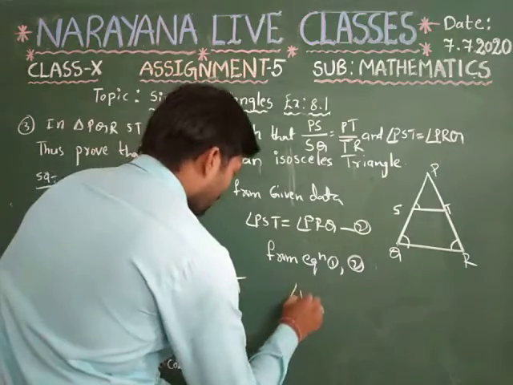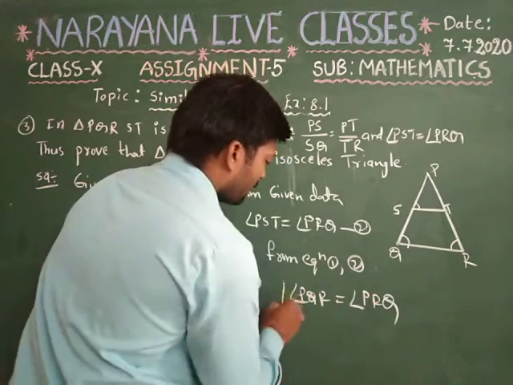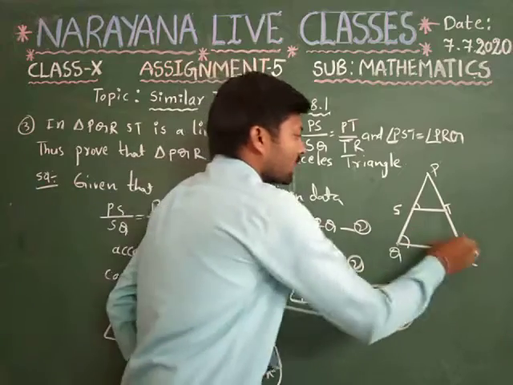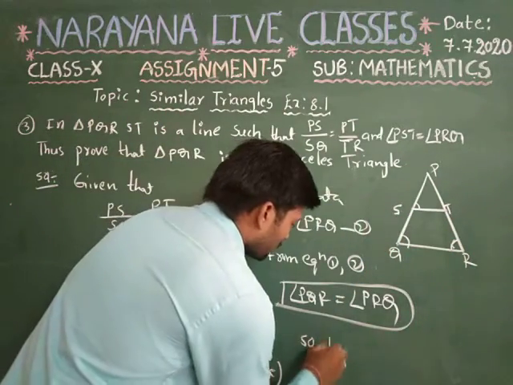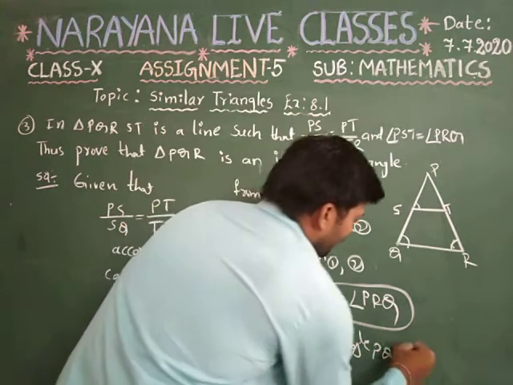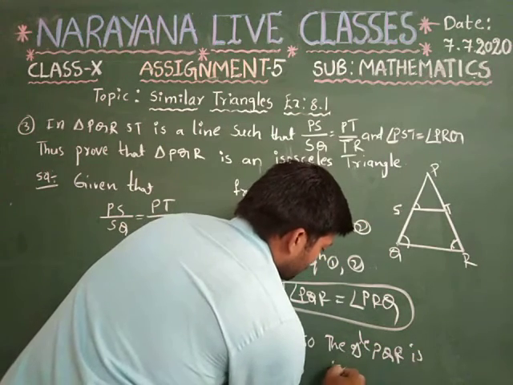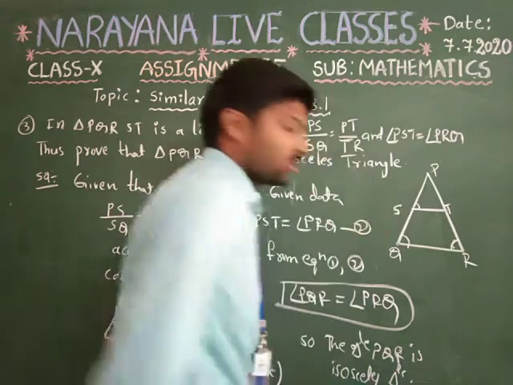That is, angle PQR is equal to angle PRQ. So these two angles are equal, which means the given triangle PQR is an isosceles triangle.